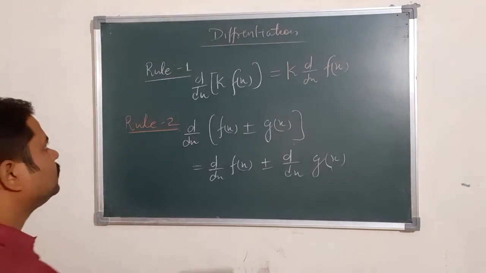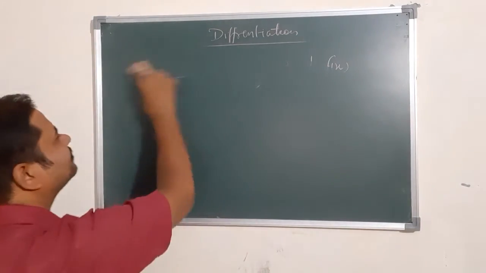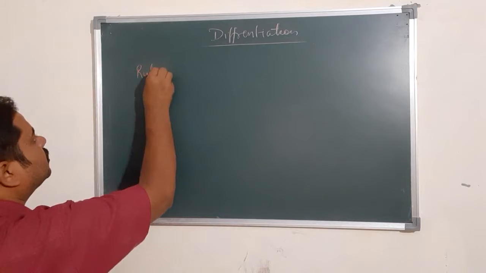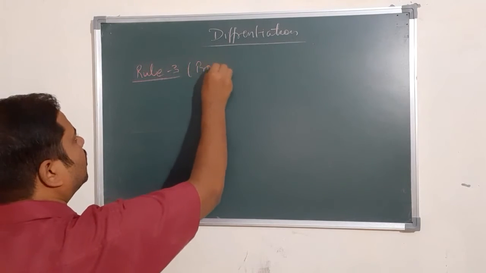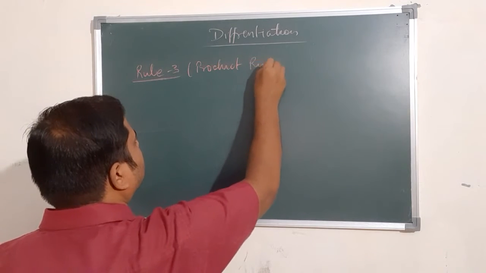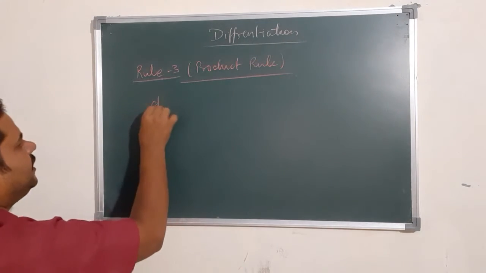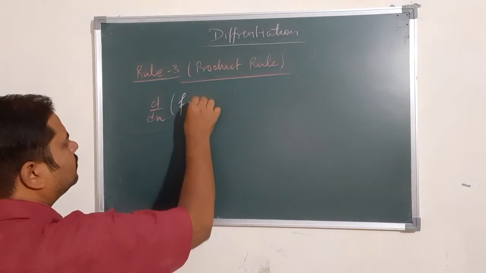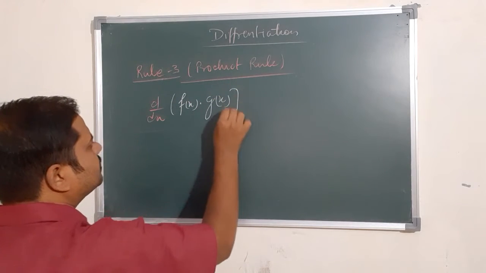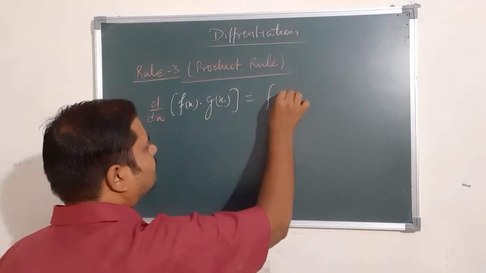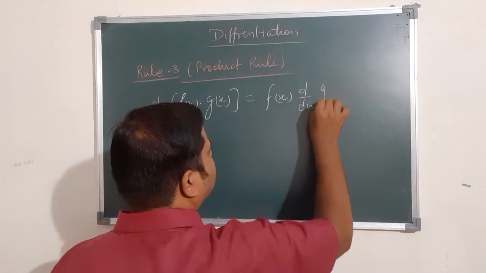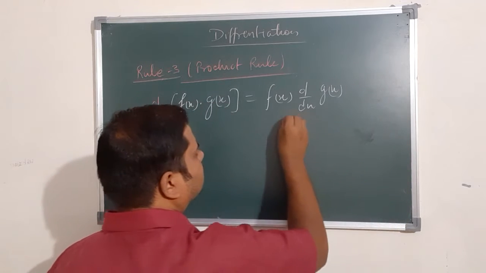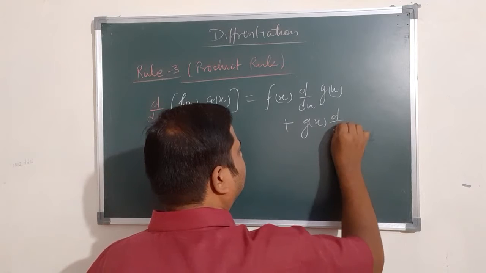Next one is rule number 3, the product rule. d by dx of f(x) into g(x) is f(x) d by dx of g(x) plus g(x) into d by dx of f(x).